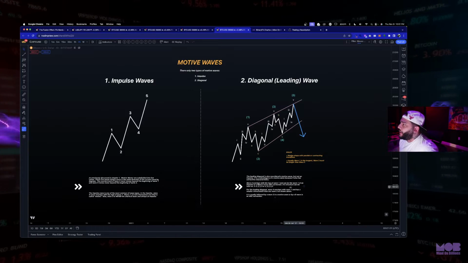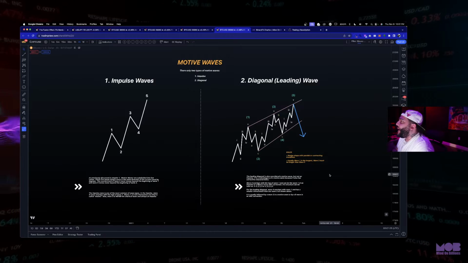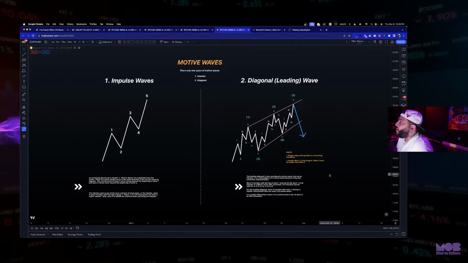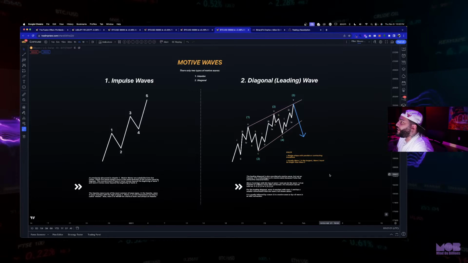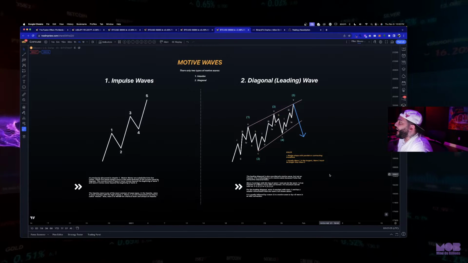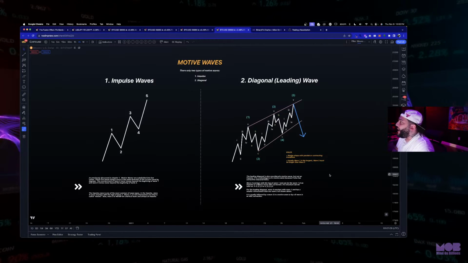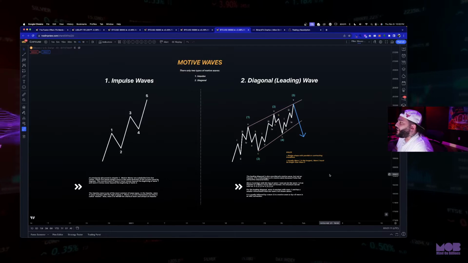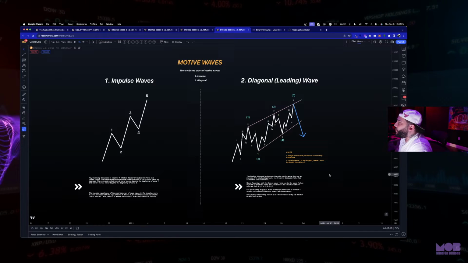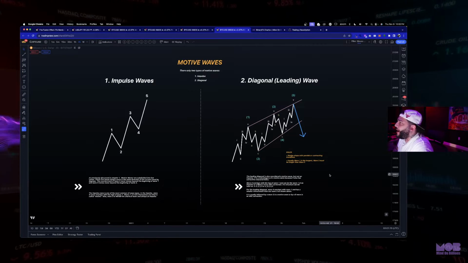The leading diagonal is also considered a motive wave, but not an impulse. It is a subcategory of a motive wave because it also has corrective characteristics. Wave 4 overlaps with the top of wave 1 and can be wave 1 of an impulse or wave A of an ABC correction. Its structure can be seen as 3, 3, 3, 3, 3, or 5, 3, 5, 3, 5.